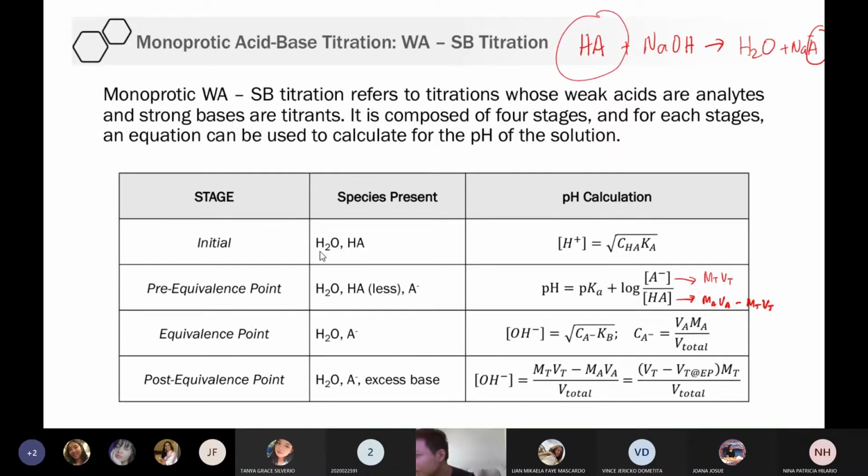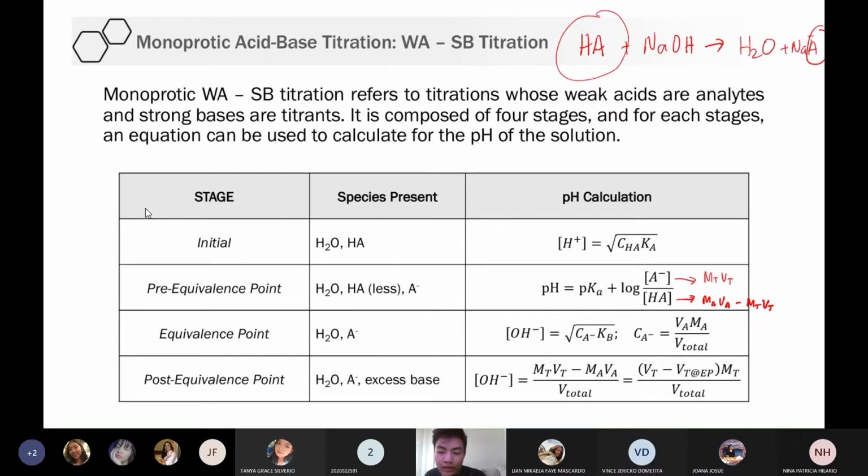On the next one, we have the equivalence point. So, ano meron dito sa equivalence point? On the equivalence point, all of the analytes, lahat ng analyte, they are completely titrated na. Okay? So ano nangyari?